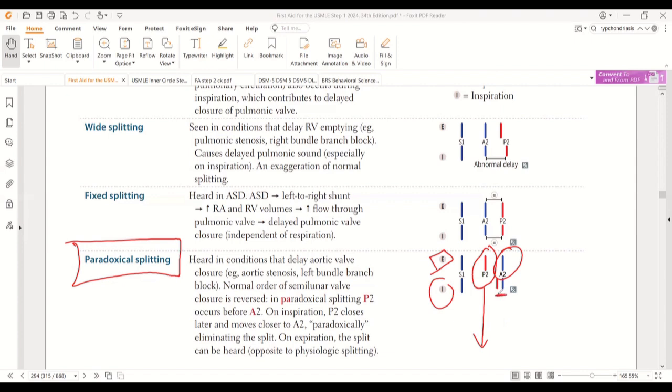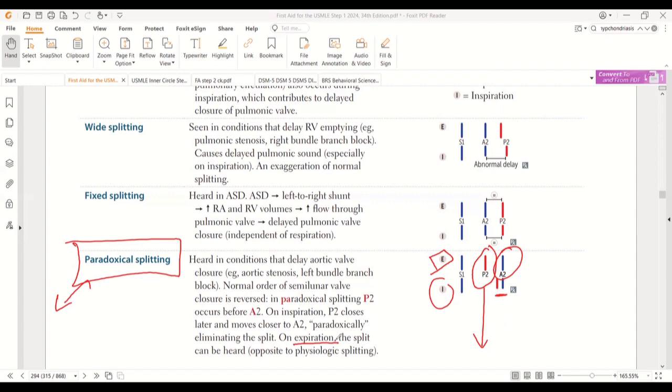Increased venous return to the right side will delay the pulmonary closure, and the aortic is also delayed, so they become approximated. So we mainly hear paradoxical splitting in expiration, while the other splitting of S2 we hear in inspiration.